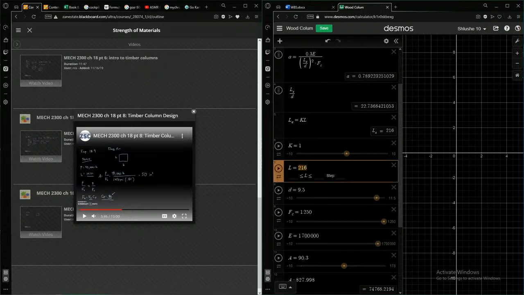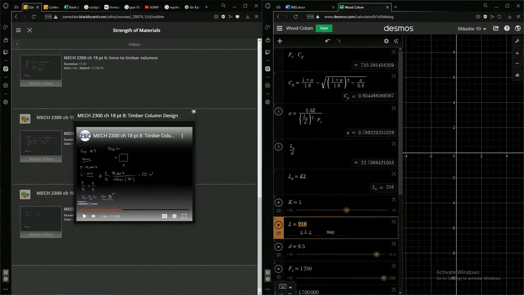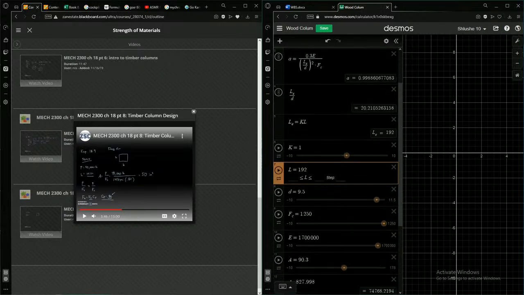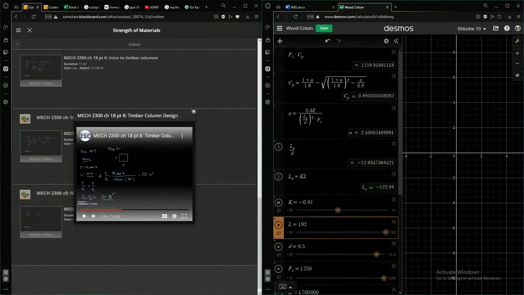Think of it like a ruler: it's really hard to bend a short ruler, but it's really easy to bend a big ruler. That analogy is pretty horrible, but I guess it makes sense. The K value, I'm going to leave alone.